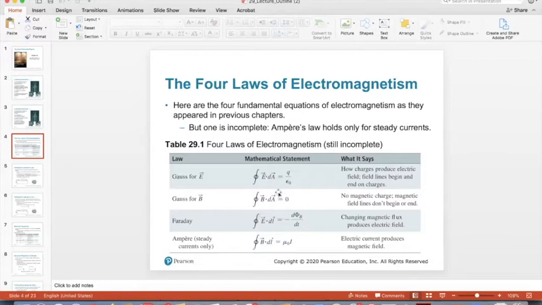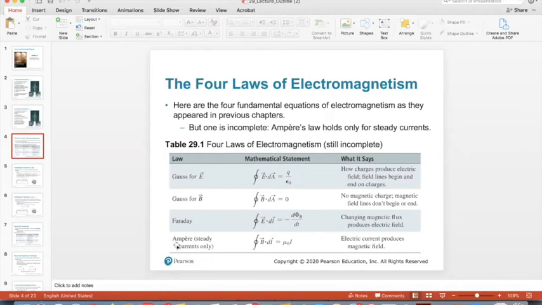That's equivalent to saying that B is the curl of some vector field. So there's no such thing as magnetic monopoles. There are no magnetic charges. This is equivalent to saying magnetic field lines never start or end. They're all loops. We have Faraday's law that says a changing magnetic field creates an electric field.